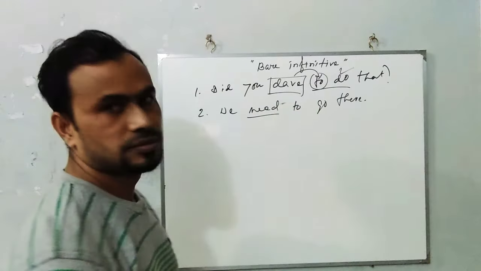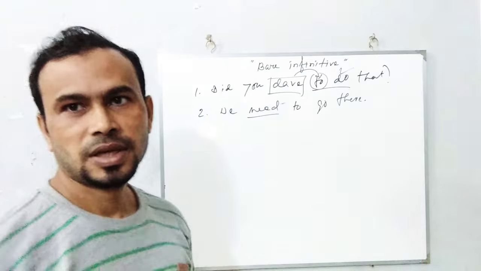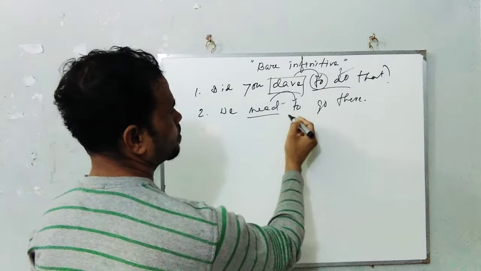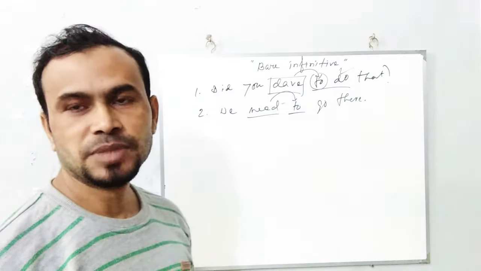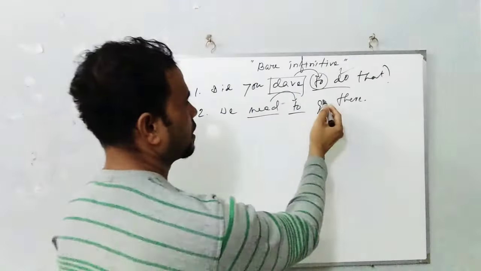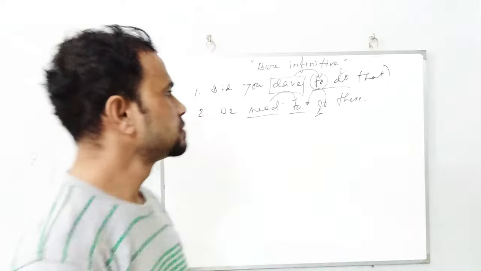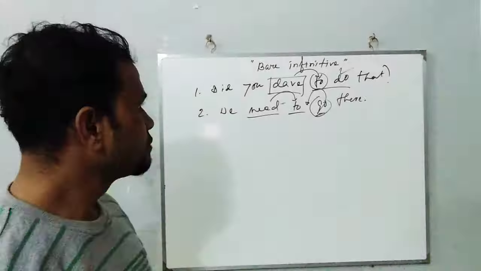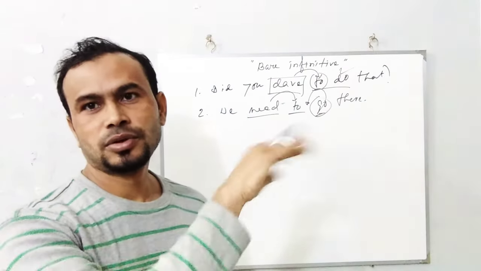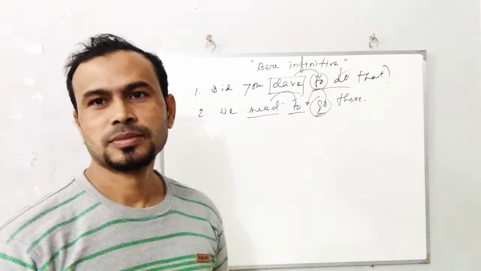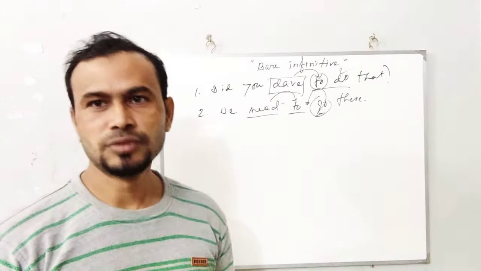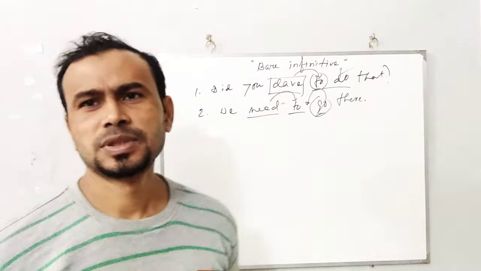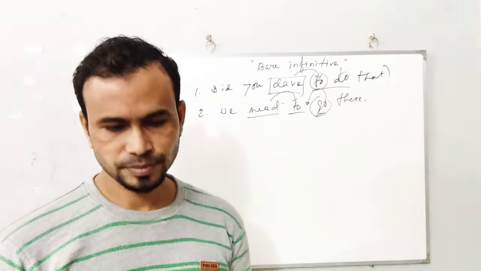So need, we can say it is a modal auxiliary, and after that infinitive to may be used before the verb. This verb we can call the main verb. When to is used before it, the verb should be an infinitive verb. I think my friend you understood properly.